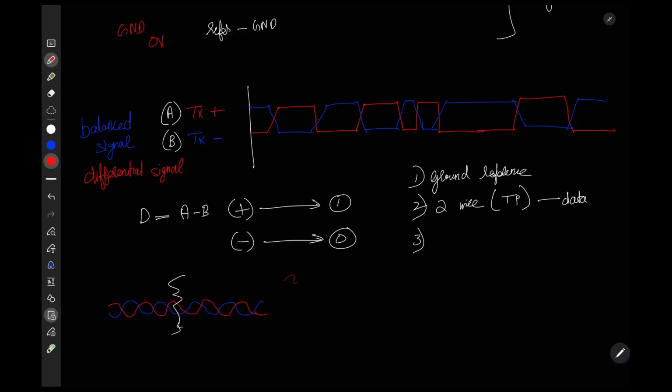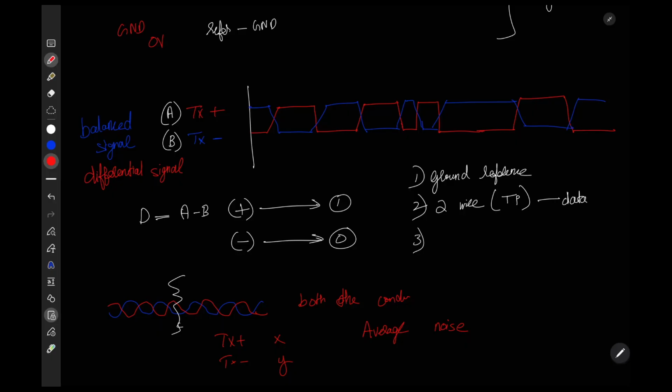It will affect both the conductors simultaneously. It will not be like Tx plus has some noise x and Tx minus has some noise y. Both conductors are in twisted pair configuration, in close proximity, and they will experience the same average noise.